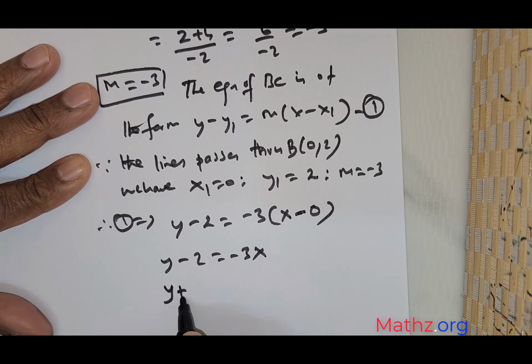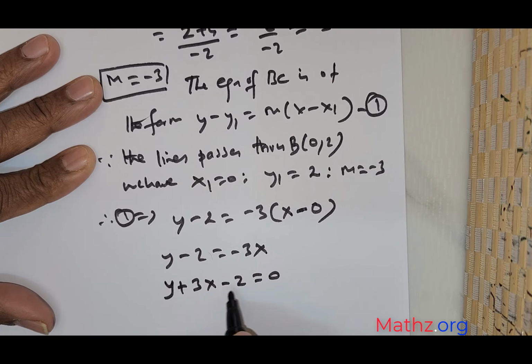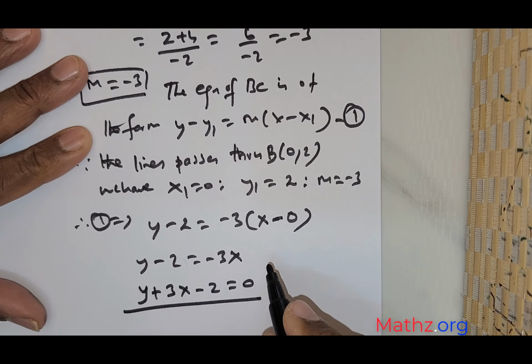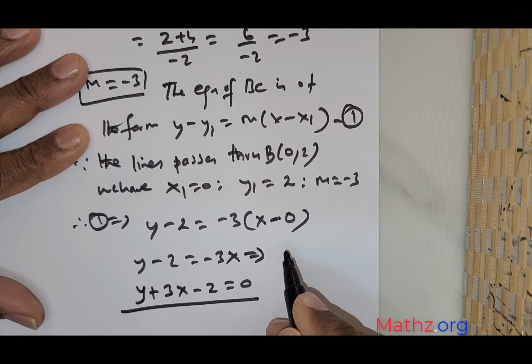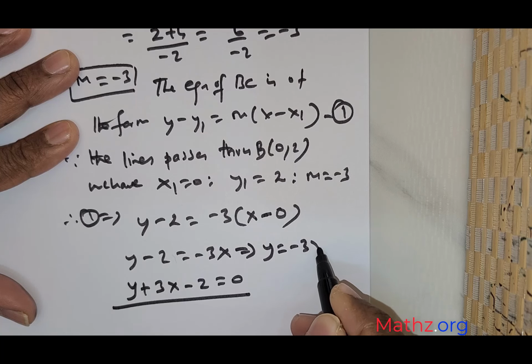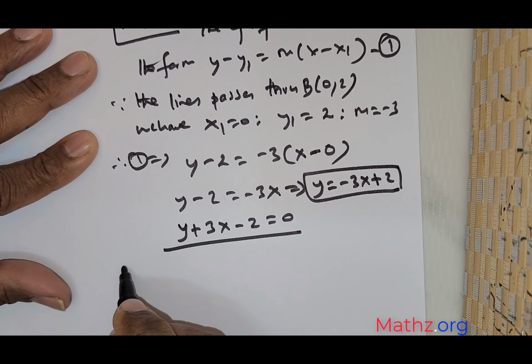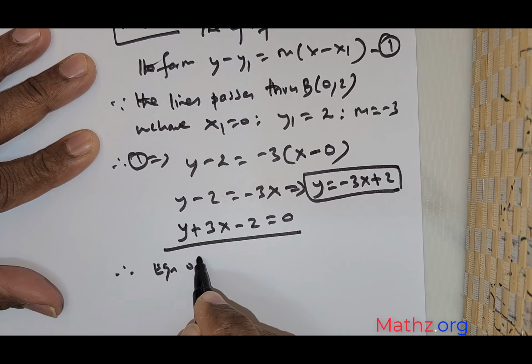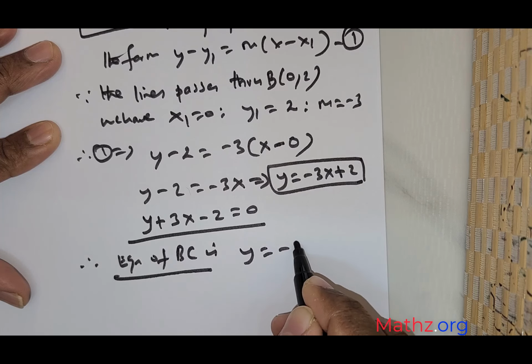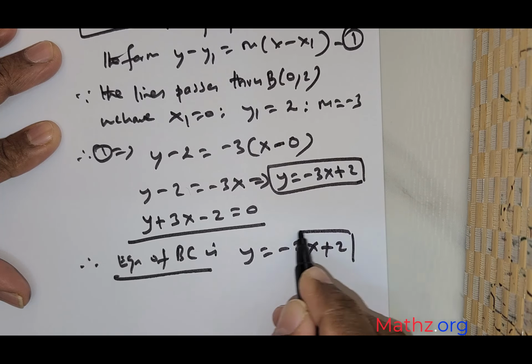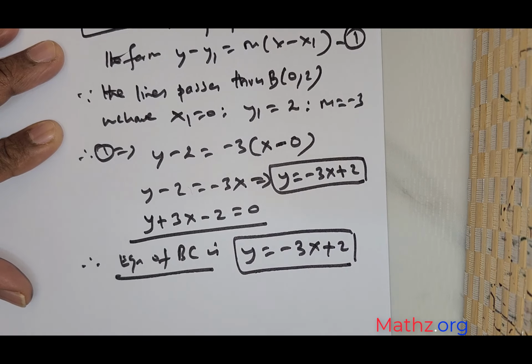So this means y + 3x - 2 = 0. Okay, this is the equation. Or from here you can write y = -3x + 2. Therefore the equation of BC is y = -3x + 2. You can block this. So this is what is required.